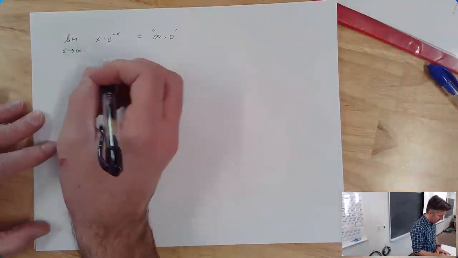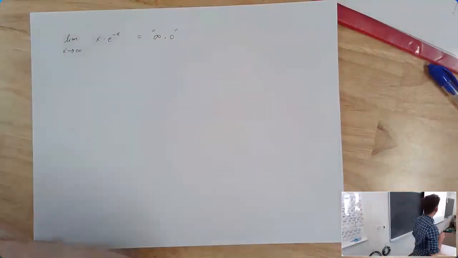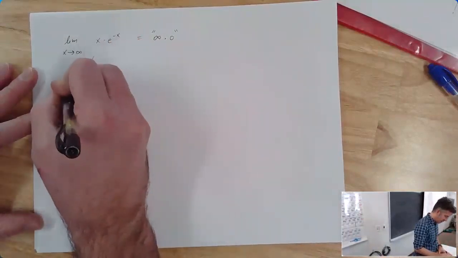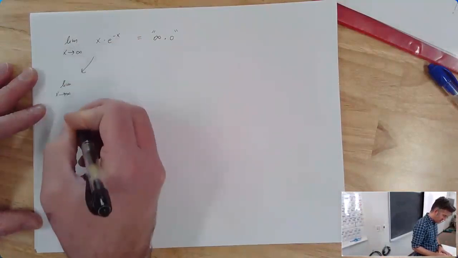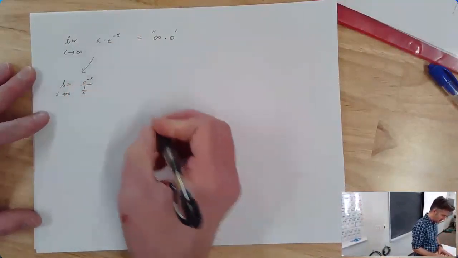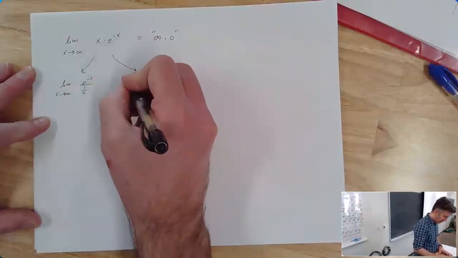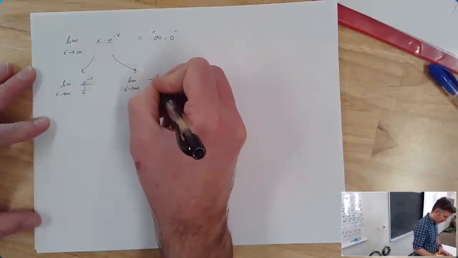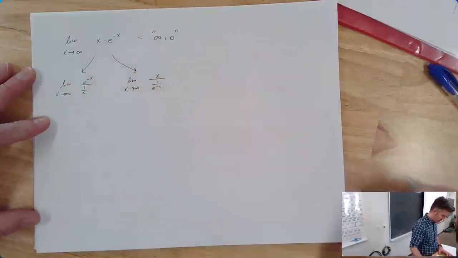So in this case, let's find out. I'm going to rewrite this. Now, you always have a couple choices. You could either write this as the limit as x goes to infinity of e to the negative x over 1 over x, or you could write it as the limit as x goes to infinity of x over 1 over e to the negative x.